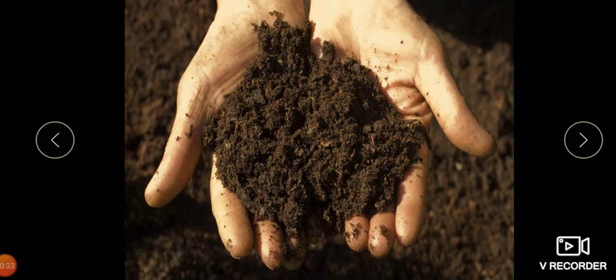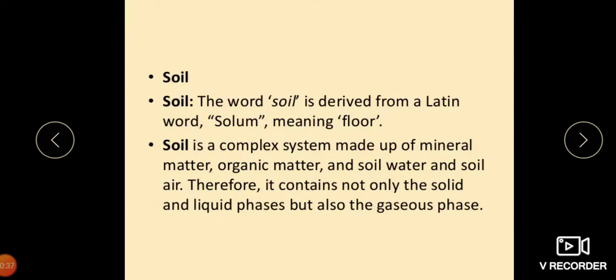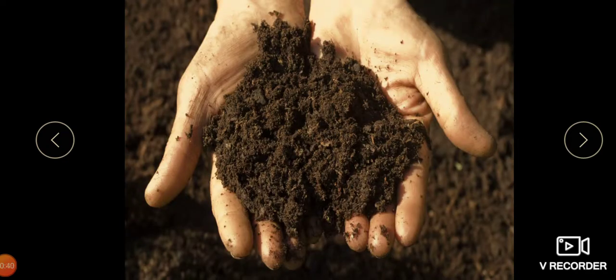When we are studying about soil, before going to the meaning, let us know why soil is so important. Why do we have to study about it? Soil is our life support system, children. It provides anchorage for roots, holds water and nutrients.